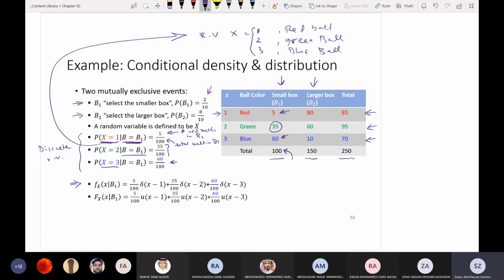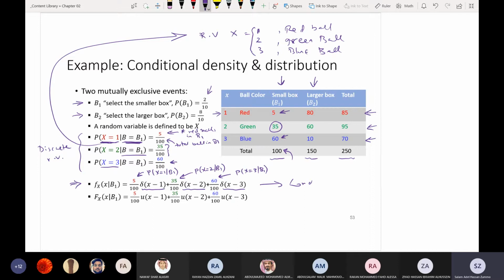It's a delta at x equals 1 multiplied by the probability that x equals 1 given B1, another delta at x equals 2 multiplied by the probability that x equals 2 given B1 also. So the condition stays the same all over. Plus a third delta at 3 multiplied by the probability that x equals 3 given B1. This is the way we write the conditional PDF.